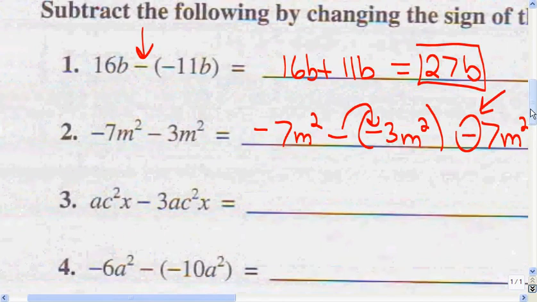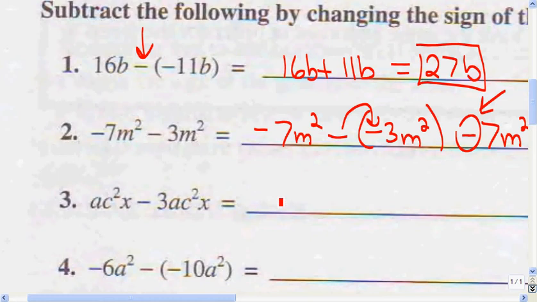Okay, here we got again a negative 3ac squared x. So what we have here is a positive ac squared x minus a negative 3ac squared x.